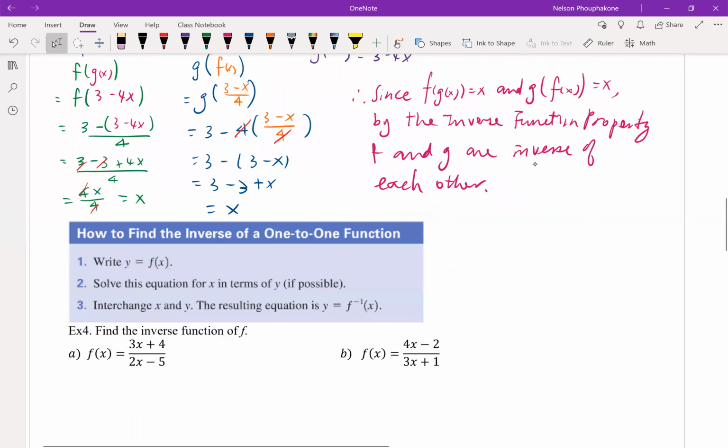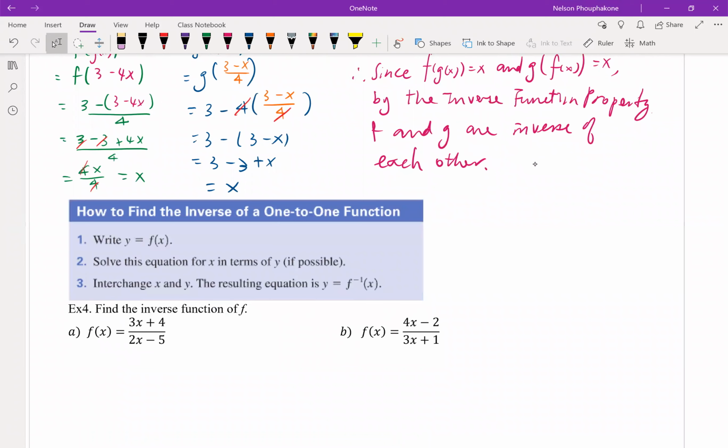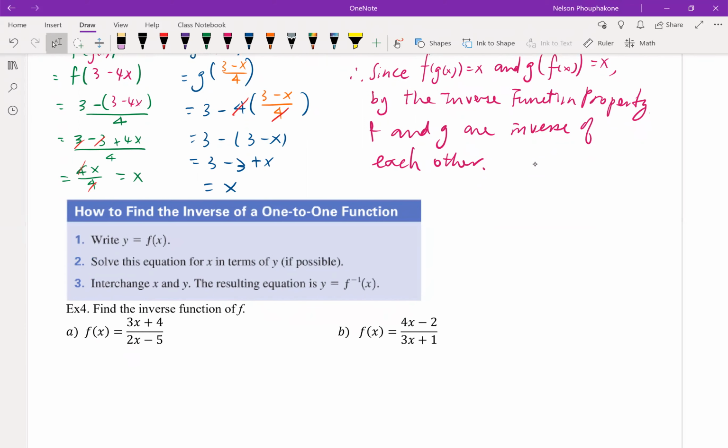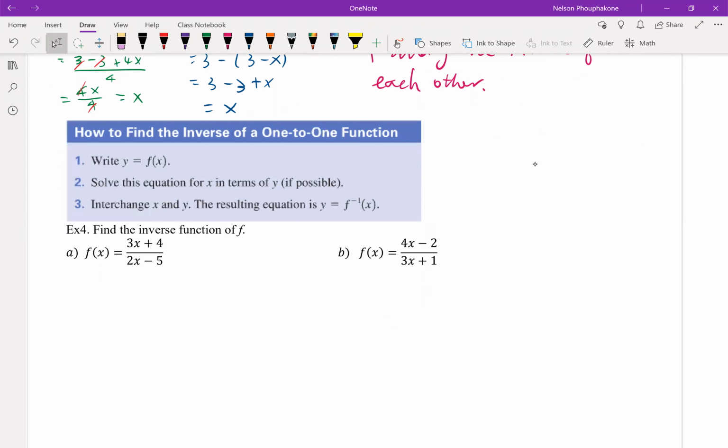Okay, now the next two examples are about, if we have a function f, how do we actually find its inverse? Here is the guideline: first we write y equal to f of x, and then we solve this equation for x in terms of y, if it's possible.